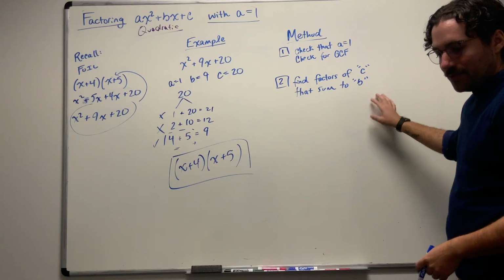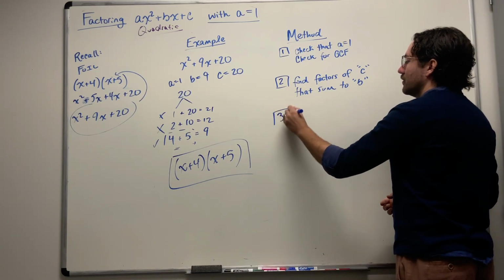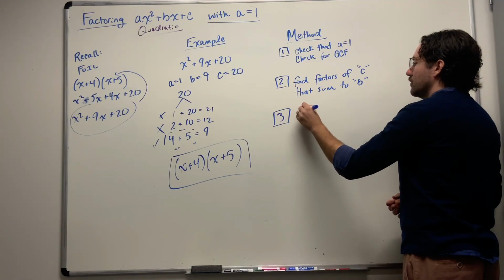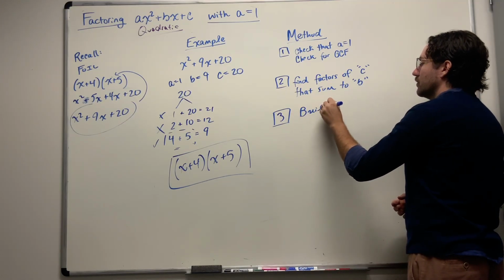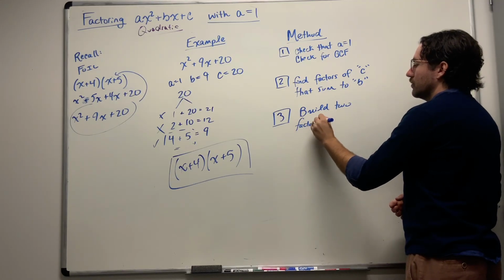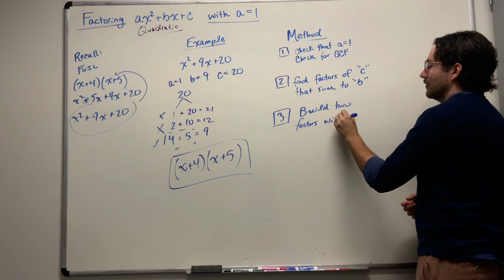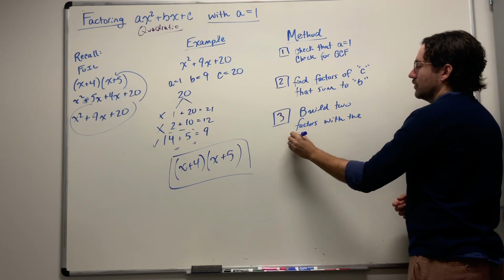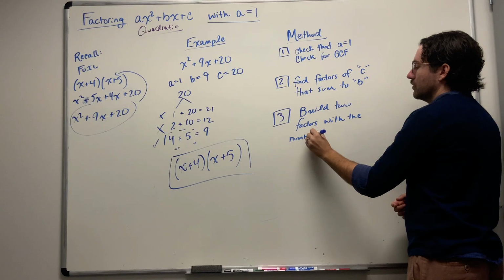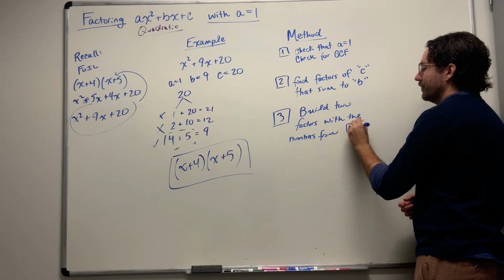So I'll say the third step is just to build our two factors using those numbers from step 2.